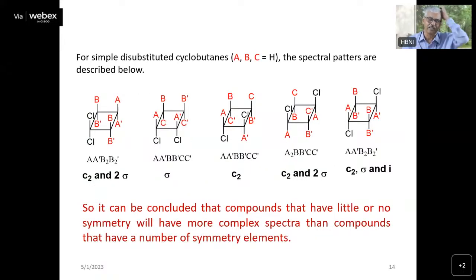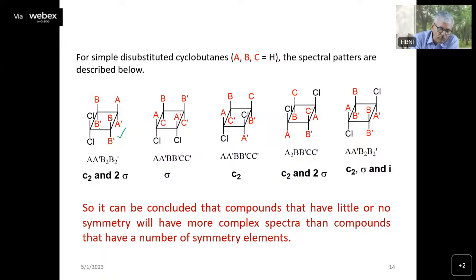I have taken another simple molecule. It is a dichlorocyclobutane. All these A, B, C are hydrogens. If you see that for one cyclobutane, you will see that these two B's are equivalent, chemically equivalent and magnetically equivalent.